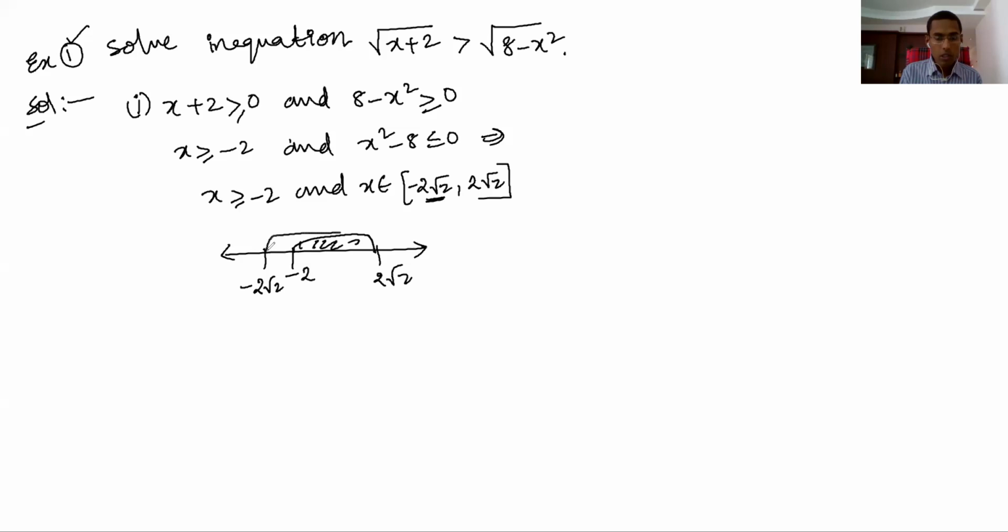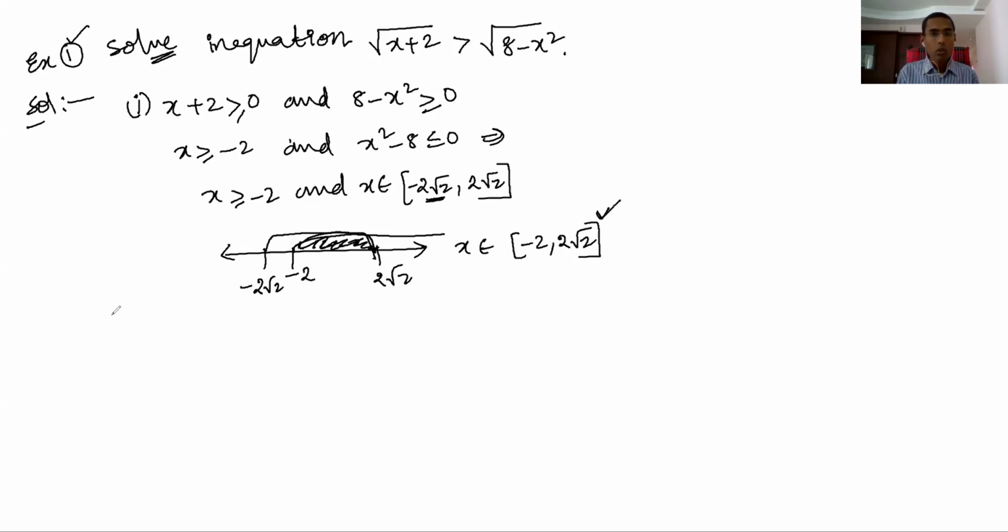First it is like this, and then another is like this. So the common part is this. That means x must belong to minus 2 to 2 root 2. This is the domain of x. That means only in this domain is this function defined. So if you get a solution, that solution must lie in this interval only.